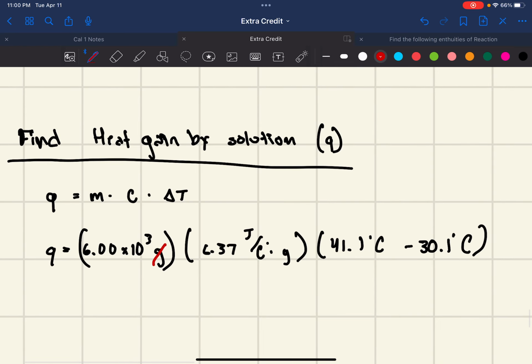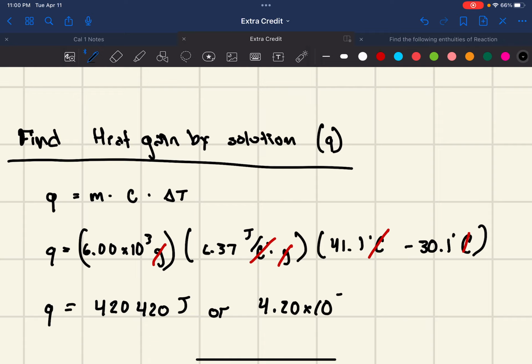Grams cancels with grams, and Celsius cancels with the Celsius in the specific heat, leaving us with just joules. So Q is going to be 420 joules, also written as 4.20 times 10 to the 5th joules.